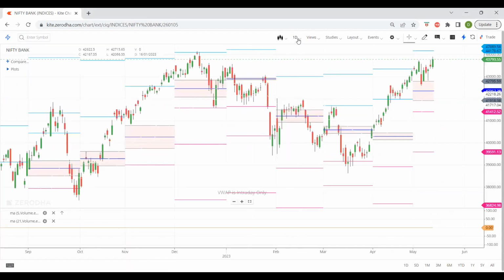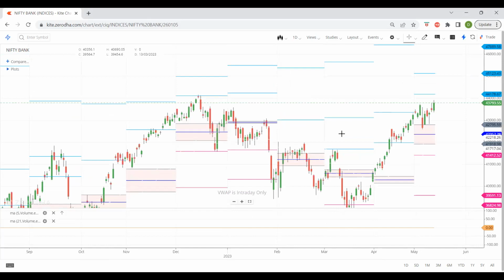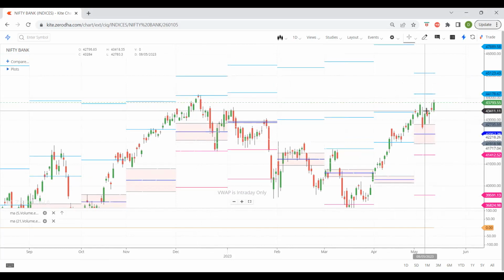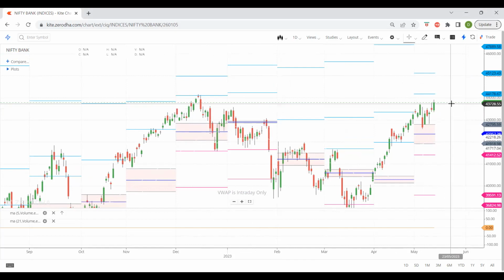If you look at the Nifty Bank, we'll see that it's very close to its all-time highs, which it had made on the 14th of December 2022. The all-time high it made at that time was 44,150 levels, and currently at 43,800 levels, it is within 1% of its all-time highs.